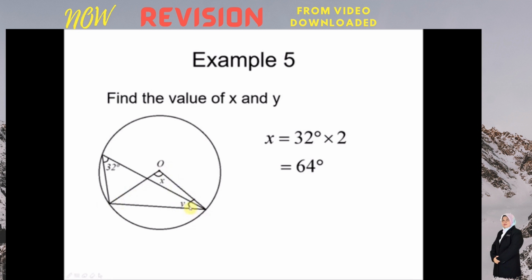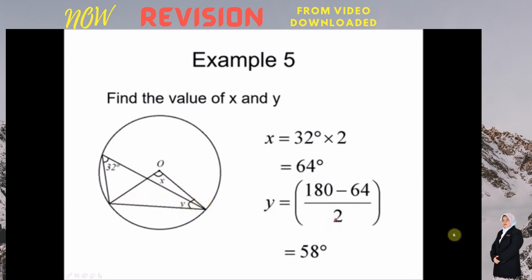To find this, we take 180, which is the total of the angles in this triangle, minus x, which is 64. Then, since the two base angles are the same, you divide by 2. So this is (180 minus 64) divided by 2, to find y, which is 58 degrees.